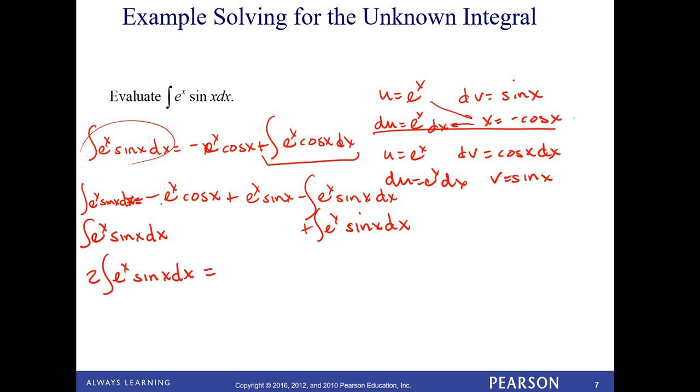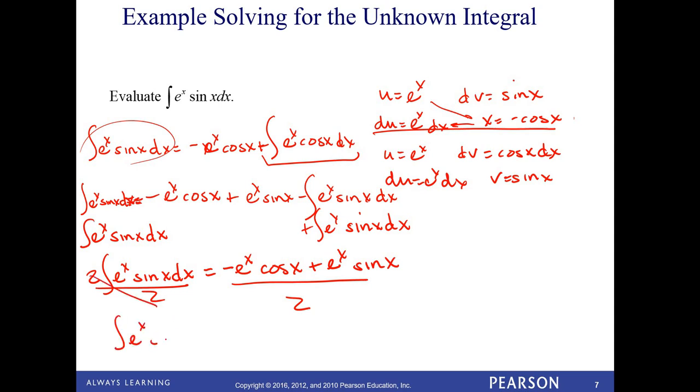Equals my grouping that I got from before, negative e to the x cos x plus e to the x sine x. If I divide both sides by 2, I have solved for my integral of e to the x sine x dx: negative e to the x cos x plus e to the x sine x over 2.